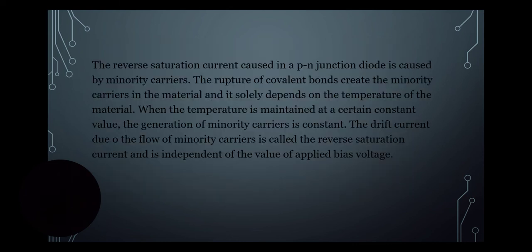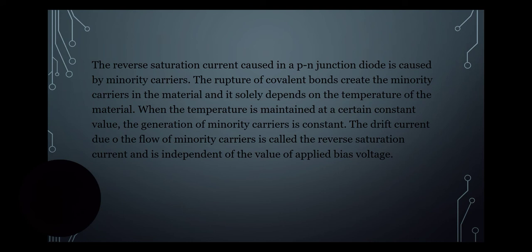The reverse saturation current in a PN junction diode is caused by minority carriers. The rupture of covalent bonds creates the minority carriers in the material, and it depends on the temperature of the material.